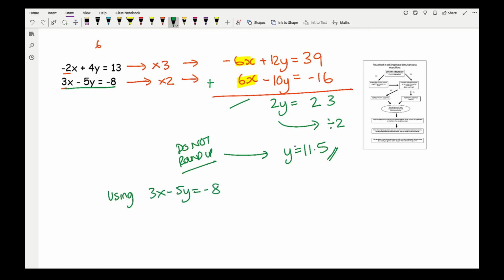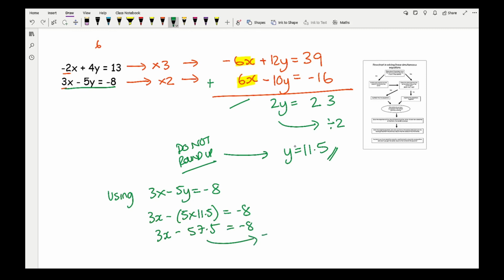Well, I know y equals 11.5, so I've got 3x minus 5 times 11.5 equals minus 8. Now 11.5 times 5 is 57.5, so I've got 3x minus 57.5 equals minus 8.